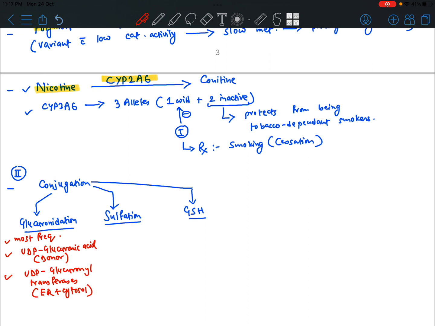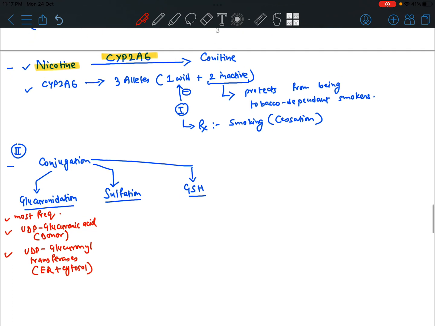So what are the xenobiotics which go through this glucuronidation pathway as the conjugation pathway in phase 2 of their metabolism?